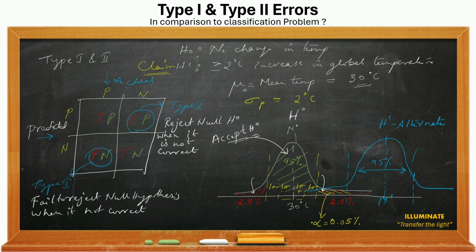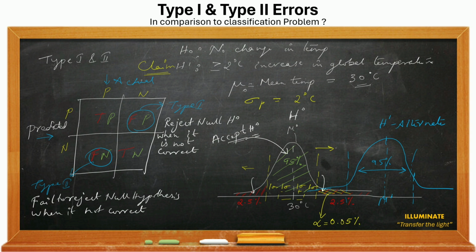So if you split on both sides, it will be 2.5%. But if you are only focusing on the right tail, the right hand side, it will be 5% on the right hand side. If you are focusing only on the left hand side, the temperature is reduced, then it will be 5% on the left hand side. So I'm just keeping this as 0.05 alpha.